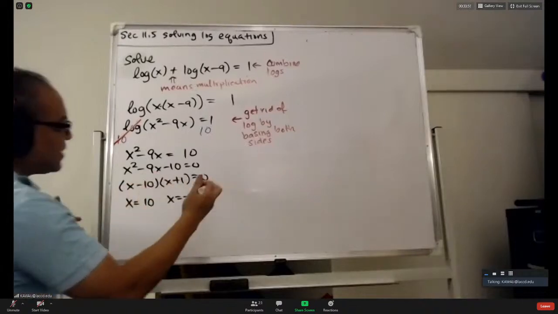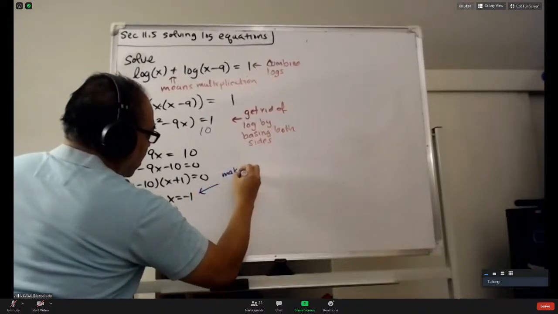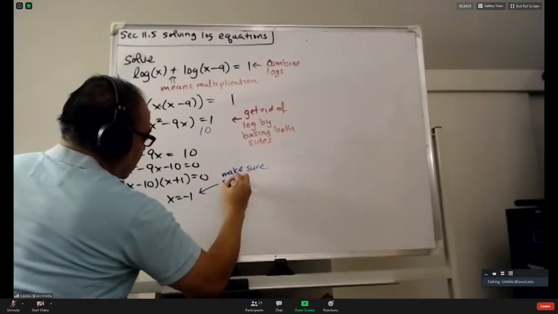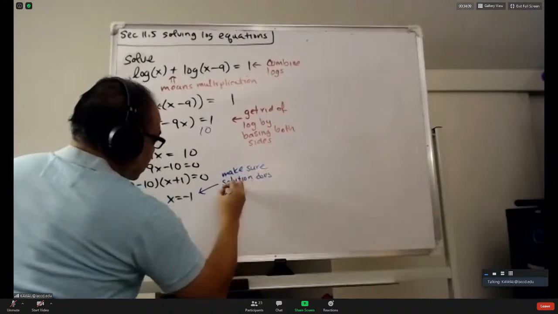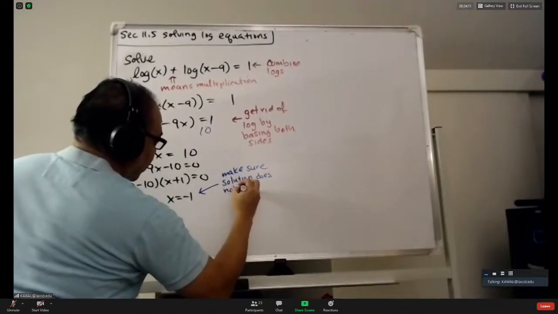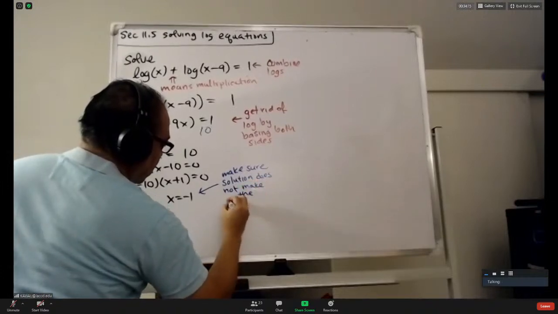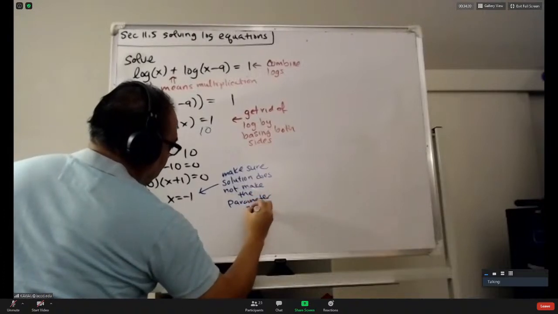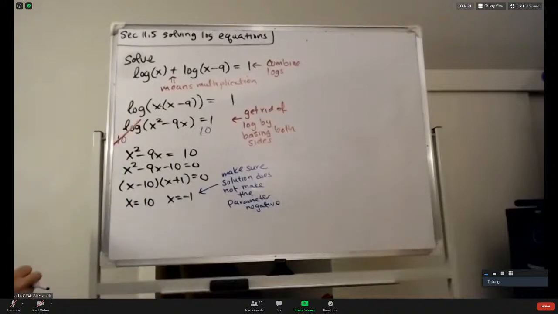Now, on this last step, you have to make sure the solution does not make the parameter negative. So go ahead, copy that, and I'll show you what that means.